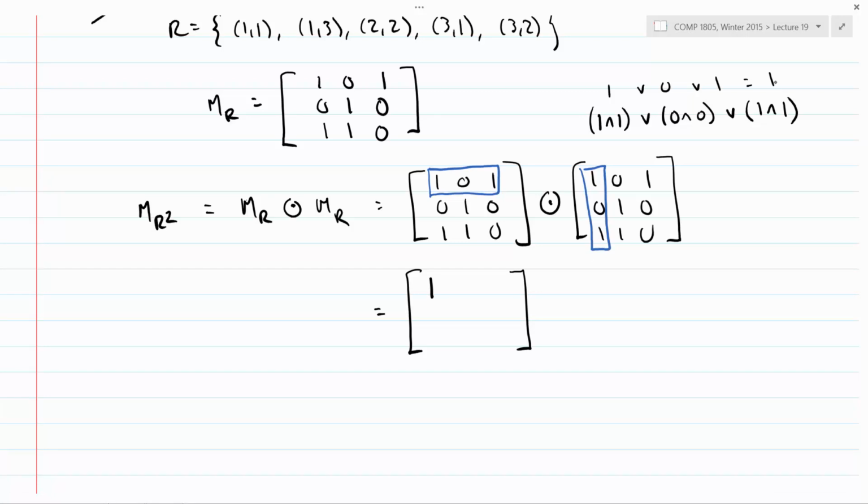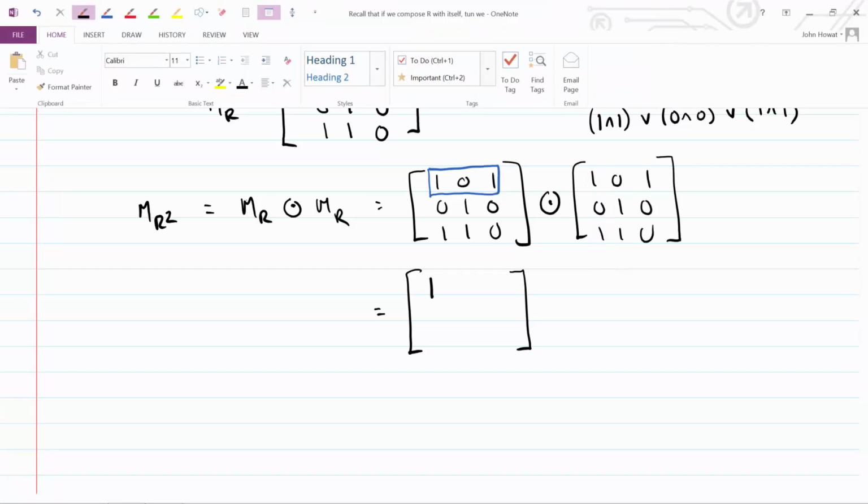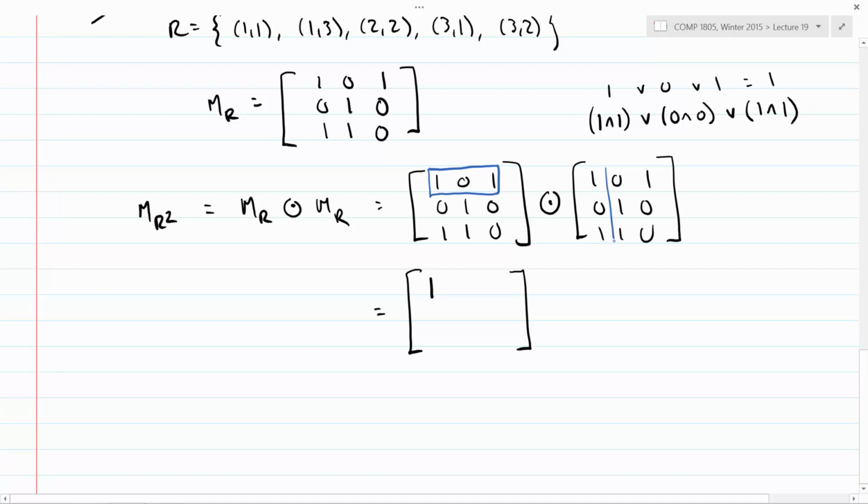What you can do next is look at the first row and the second column. This will give me my answer for right here, right? Because you look at where they intersect. So this is 1 times 0 is 0, plus 0 times 1, which is 0, plus 1 times 1, which is 1. So that means I get a 1 up here.